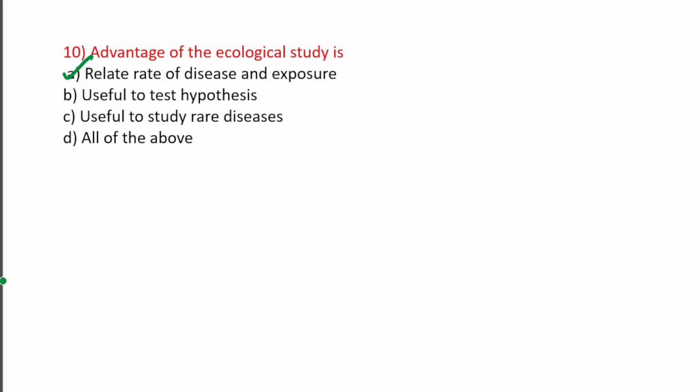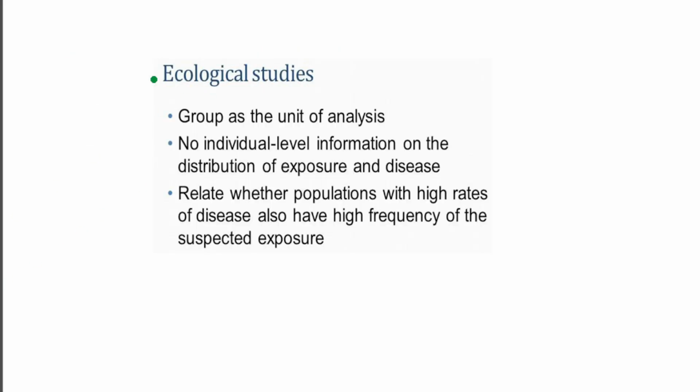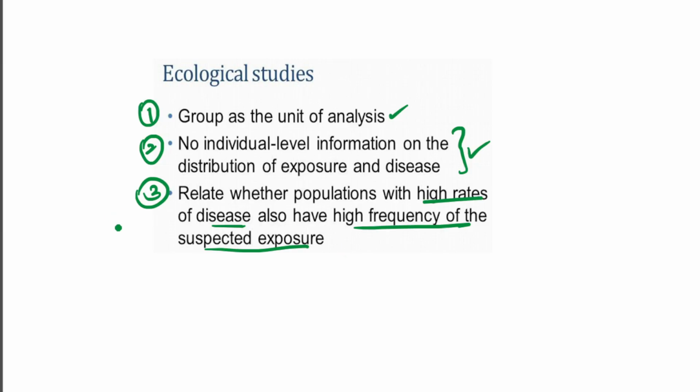How is that so? Now let us see this discussion of the ecological studies. Please remember these 3 points. In point 1, it is written that ecological study is done in a group as a unit of analysis. You can see the group as a unit of analysis. Then there is no individual level information on the distribution of exposure and disease, and you will relate whether the population with higher rates of disease also has high frequency of suspected exposure.